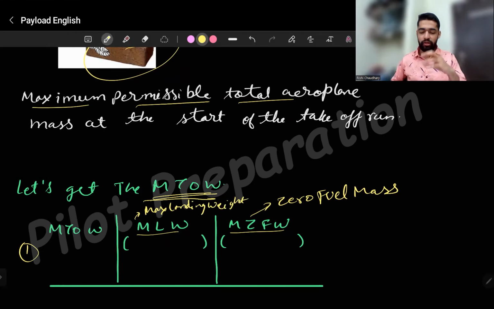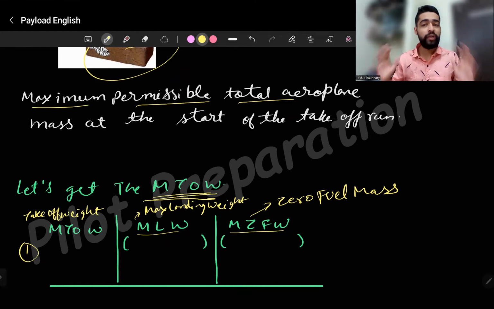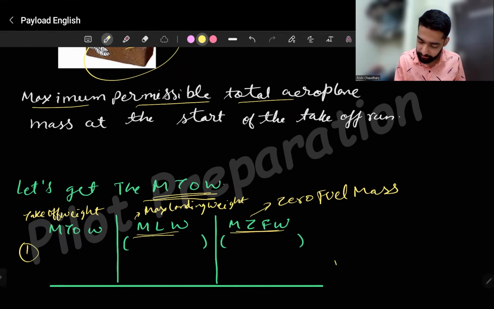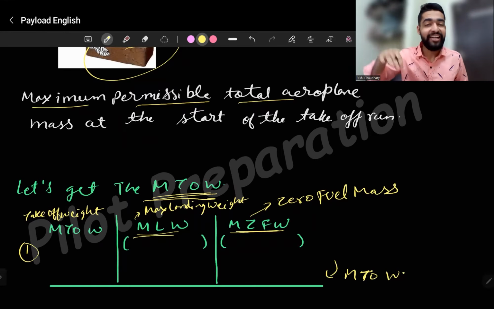Now, if I want to convert maximum landing weight into MTOW, the takeoff weight, so if I want to convert everything into takeoff weight, what do I need to do? What I can say is, this is my maximum landing weight.